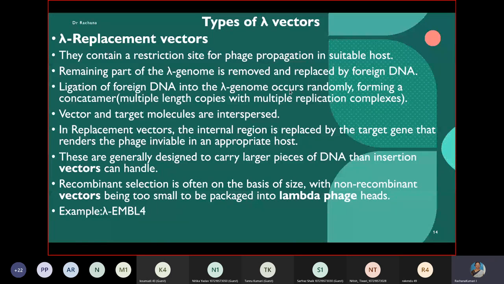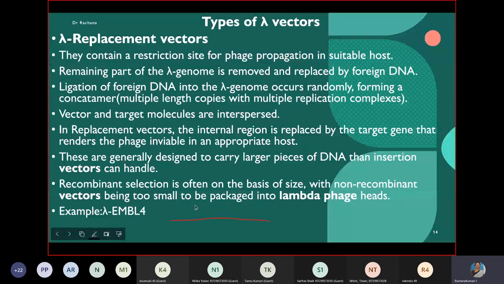So if such a situation occurs, then the multiple copies of the target gene which we are mixing along with the lambda genome will tend to be incorporated in larger numbers, forming a concatemer. Let me draw and explain. Now let's presume that this is the phage DNA and it is subjected to restriction digestion.